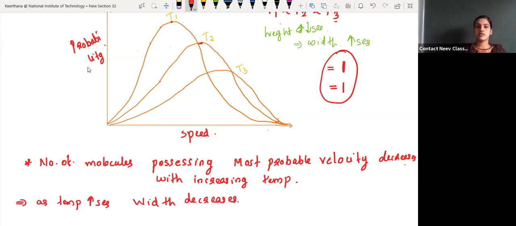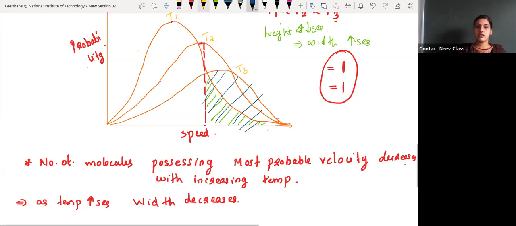Width decreases. So if I'm taking a particular point, let's take this point. Just consider these areas. This is the first curve area, and this is the second curve area. Sorry, this is the third curve area.